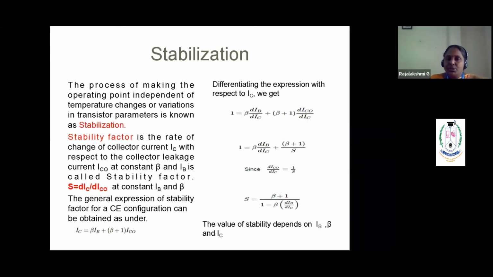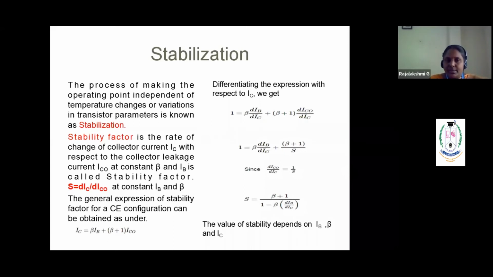So for this we are concentrating on the term stability factor. The stability factor is the rate of change of collector current IC with respect to the collector leakage current ICO at constant beta and IB.